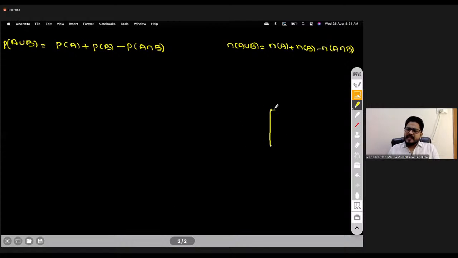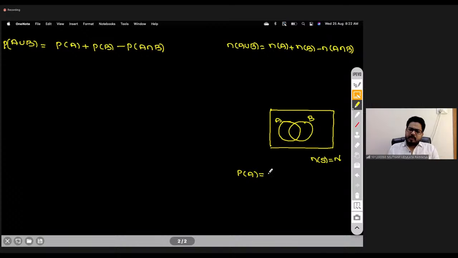Now look here, you have a sample space where the total number of elements is equal to n. This is A, this is B. So what is the probability of A? Probability of A is equal to n of A by n. Probability of B is equal to n of B by n.